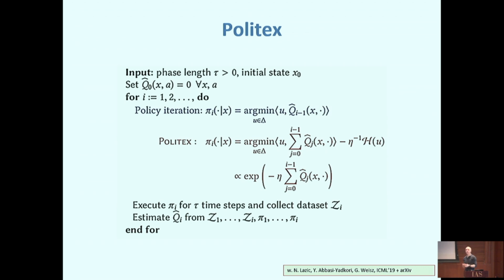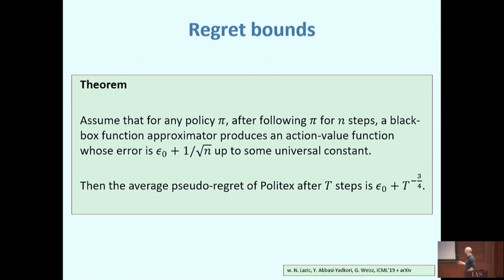intuit about that, like maybe what this does is that it allows you to run things for shorter phases because there is some variance reduction happening. And anyways, if you do this, then you can get a meta result that says that if you're able to control the function approximation error in every iteration, like the usual parametric rate, then you can read out the regret rate for the whole thing, and it's going to be t to the minus 3/4.